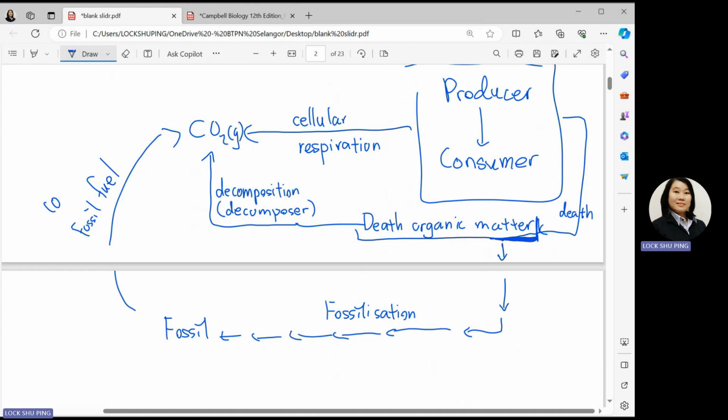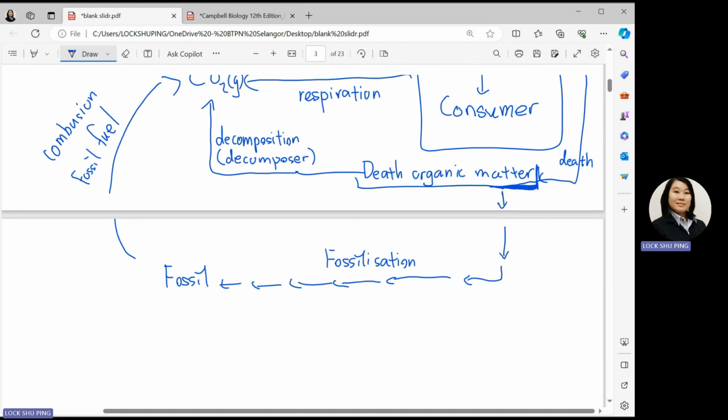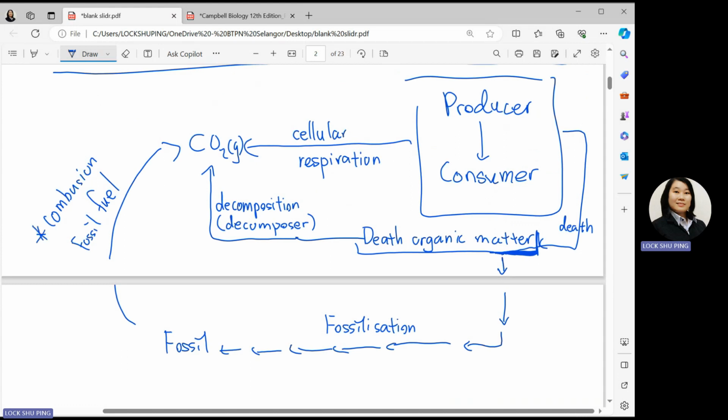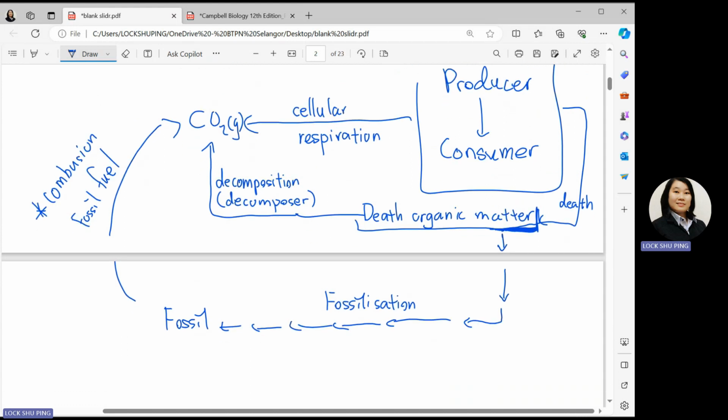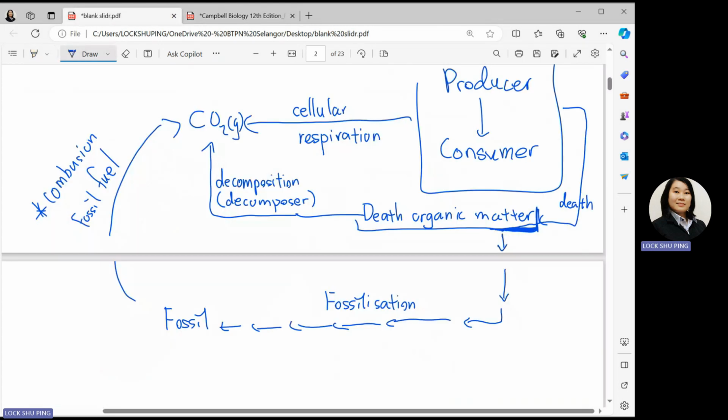The combustion of the fossil fuel is the reason that carbon returns to the atmosphere in the form of carbon dioxide. So this actually involves human activity. That is the basics of the carbon cycle.